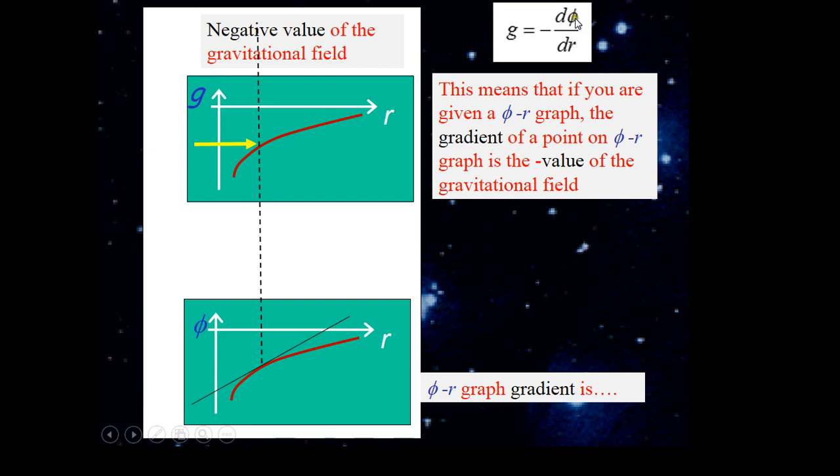This is phi. Right? So it's the same thing. Yeah, so if you're given the phi-r graph, you can then deduce the g. Given means the question gives you that. Then they will ask you what's the value of g at this point.